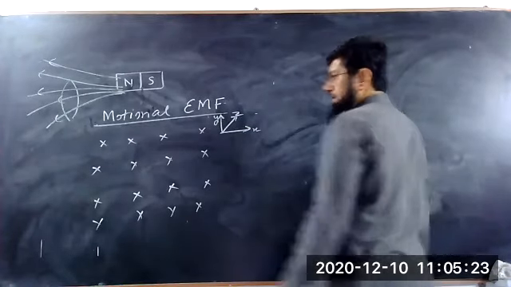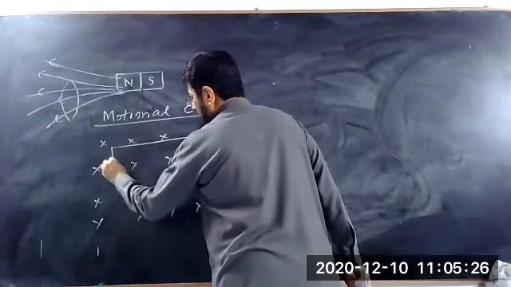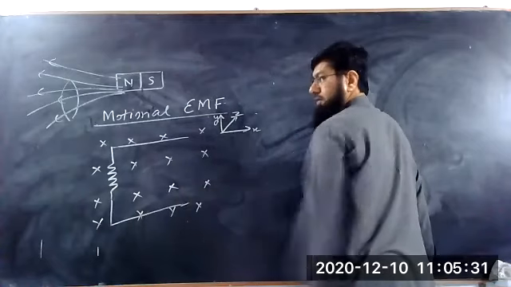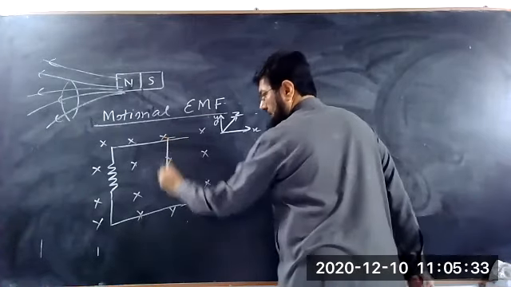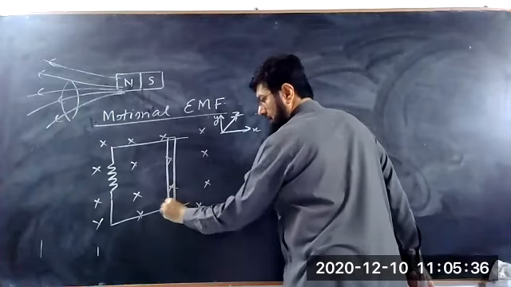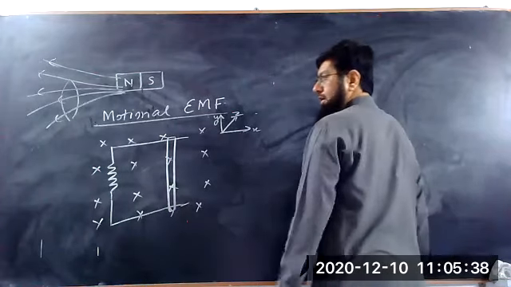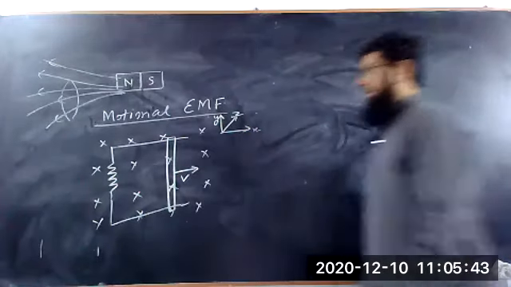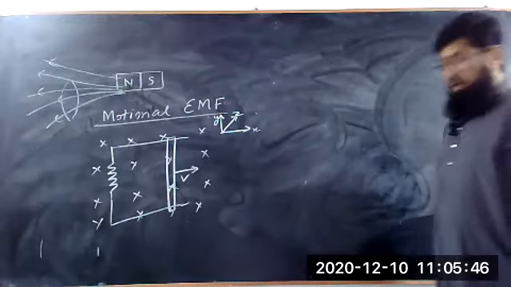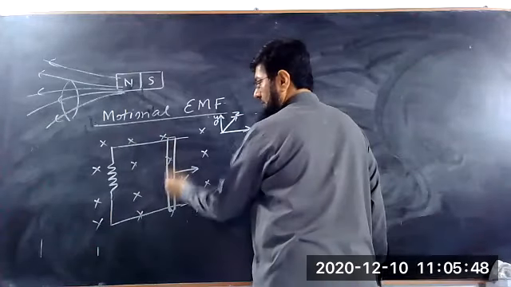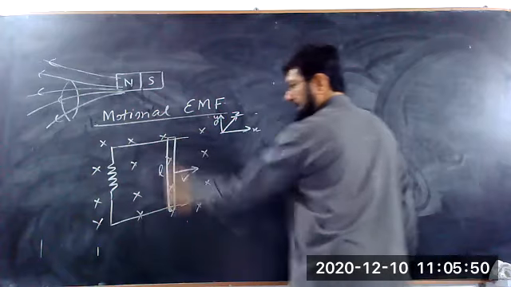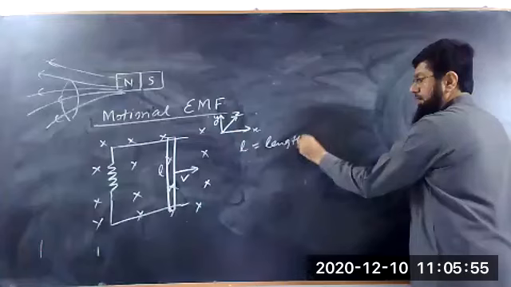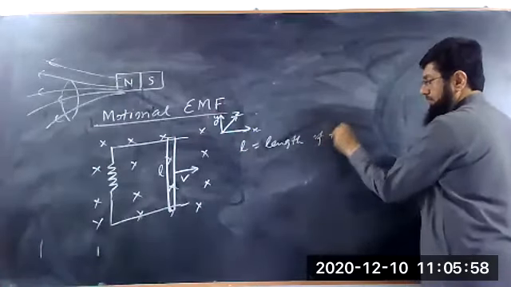This is the resistor which is connected in the circuit. This is a piece of wire which is moved with velocity v in the uniform magnetic field. The length of the wire is L.